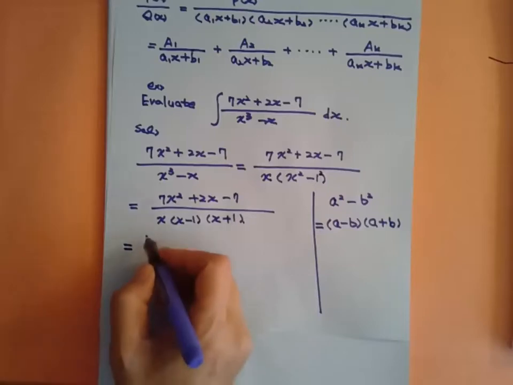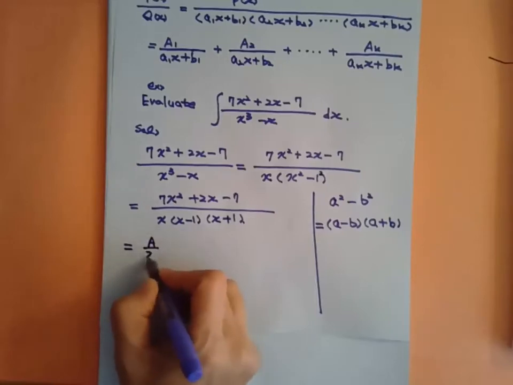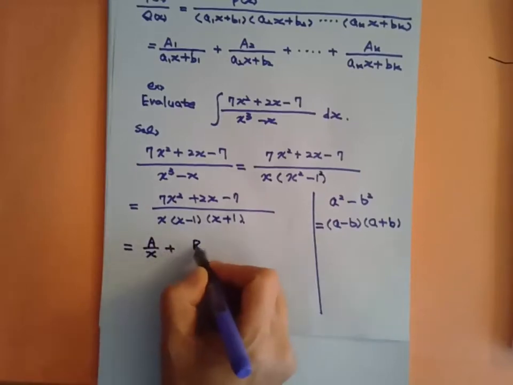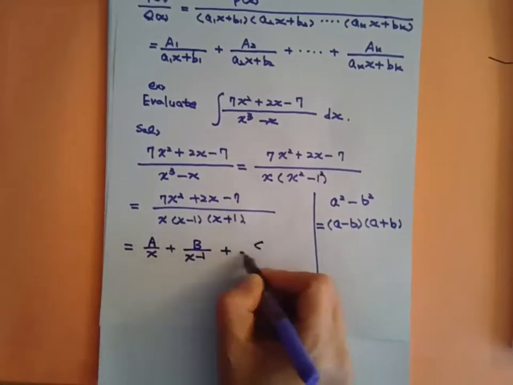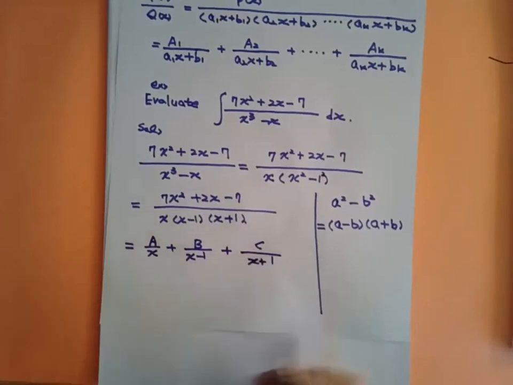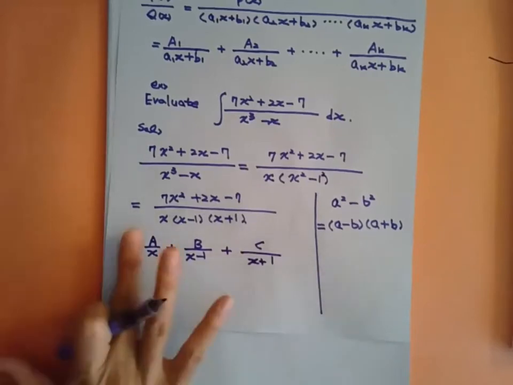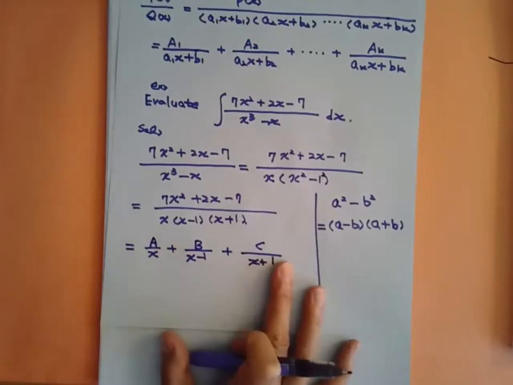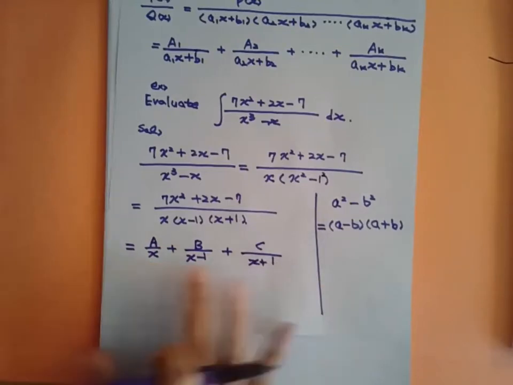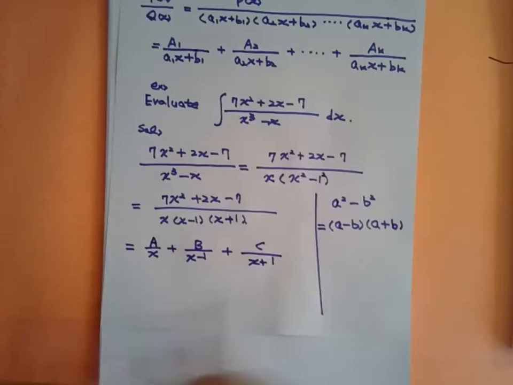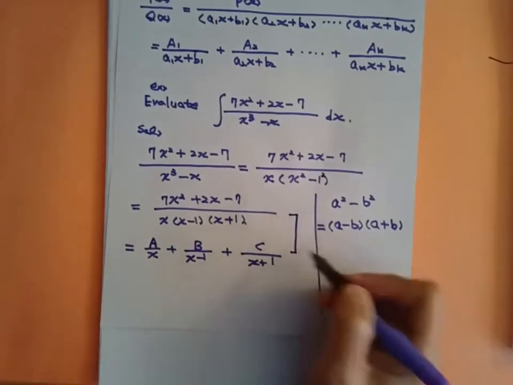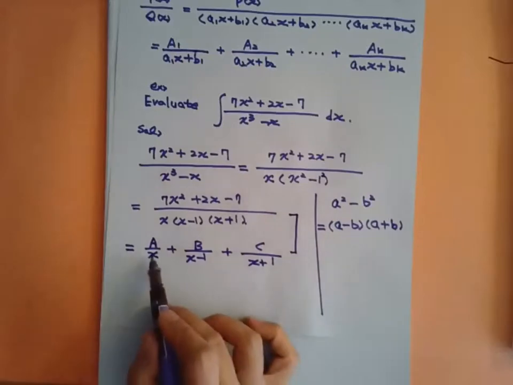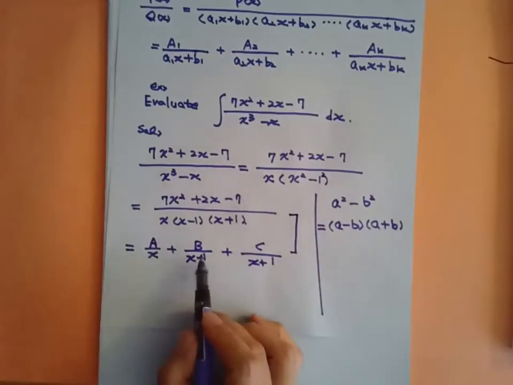And then we write a over x plus b over x minus 1 plus c over x plus 1. So we just split that into 3 fractions, and then we will set these two equal, and we will try to figure out what a and b and c must be.